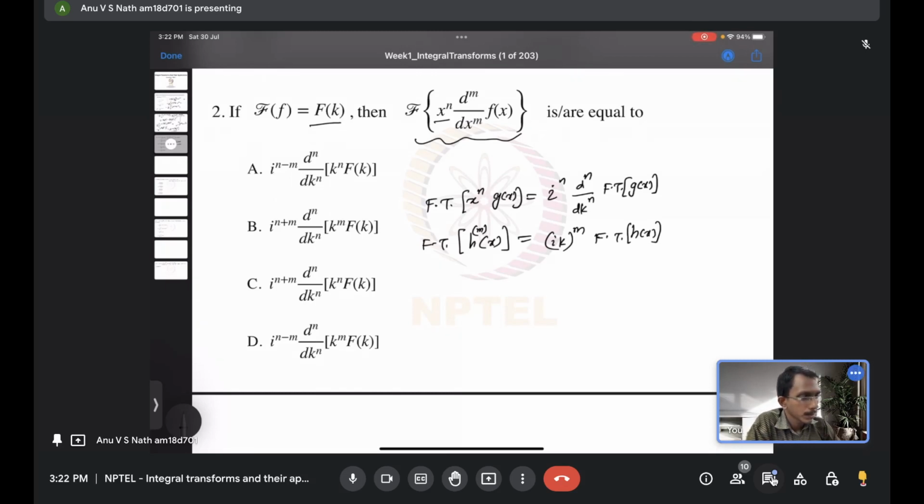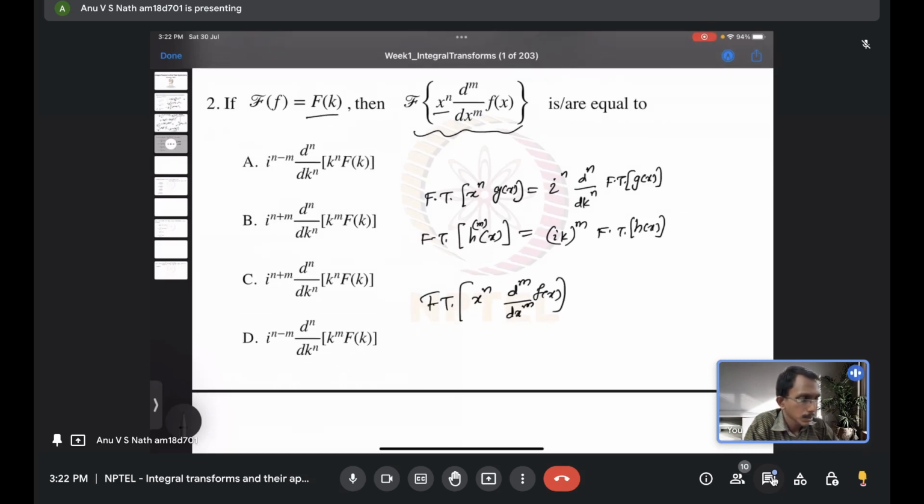So first of all, you need to consider this as a product of 2 functions, like the combination, the Fourier transform of x raised to n times d raised to m by dx raised to m f of x. Let's say this is x raised to n times this combination, the mth derivative of f, that we can think of as, let's say, g of x.